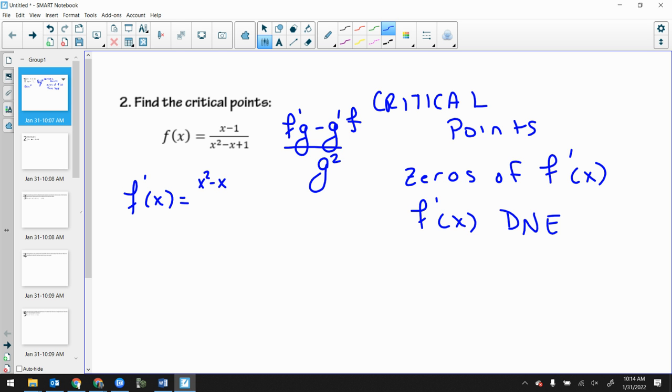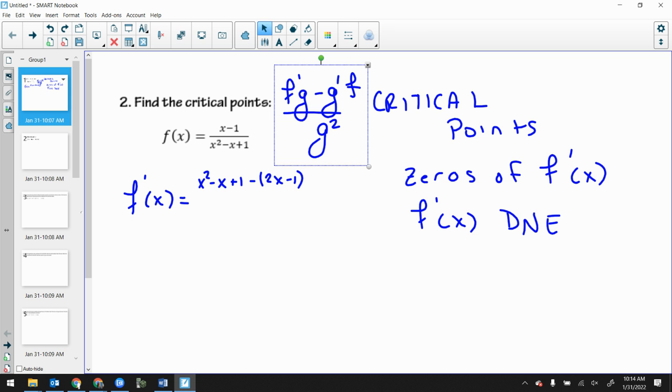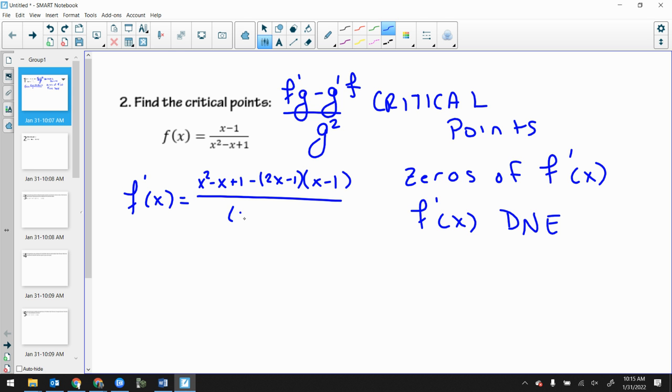So x squared minus x plus 1, minus the derivative of g, which is 2x minus 1, the derivative of the bottom, times the original numerator, f, x minus 1, all divided by x squared minus x plus 1 squared. Does everybody follow me on just the quotient rule? Yeah. F prime g minus g prime f over g squared.